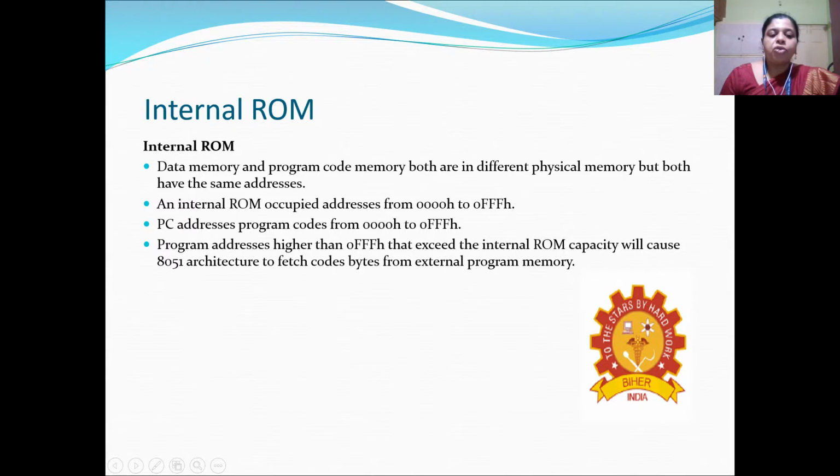The program controller addresses this program code starting from 0000 to 0FFF. Whenever the address is higher than this range, 0FFF, in that case we have to use external memory. External memory has to be interfaced, and the program code will be fetched from the external memory.